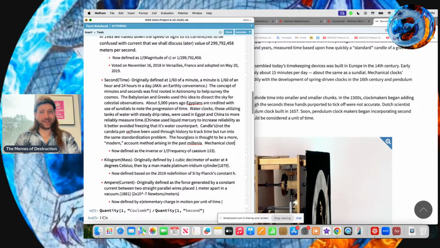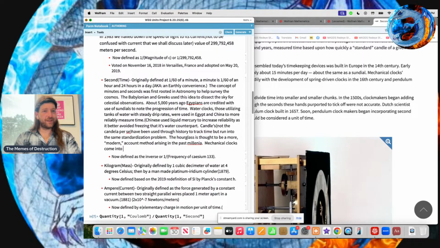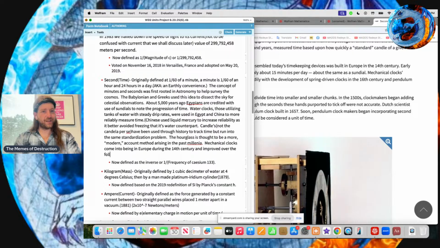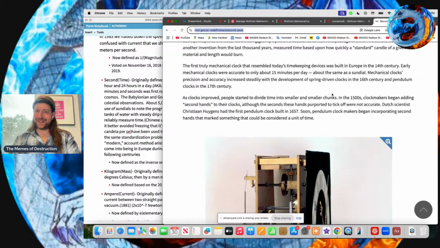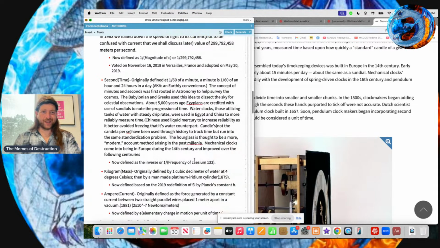Mechanical clocks came into being in Europe during the 14th century and improved over the following centuries with spring-based technology into the 1700s. All right.